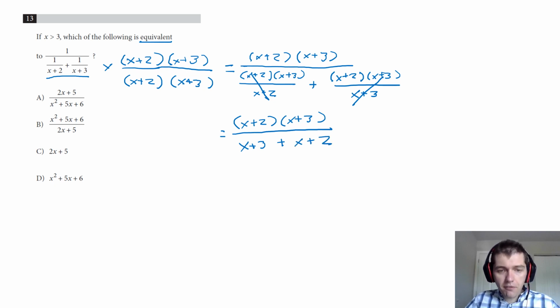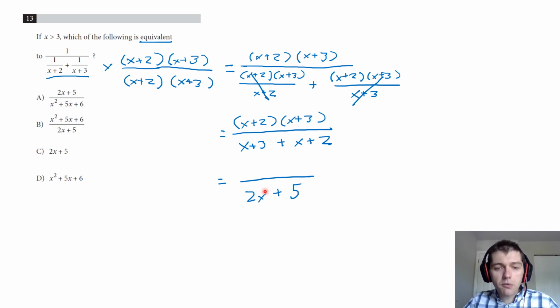We can simplify that further. In the denominator, it's the easiest because this is just add the x's, add the constants. And what we have there is 2x plus 5. Now at this point, the denominator is as simplified as we can get it. So we can go back and look at the forms of the equations we have.